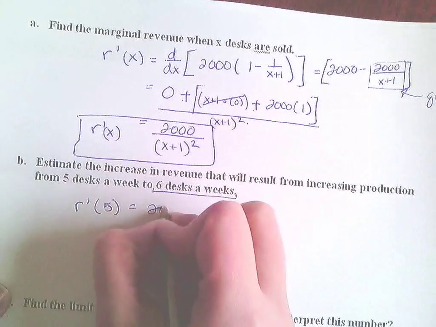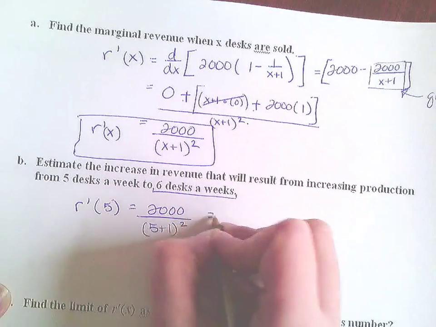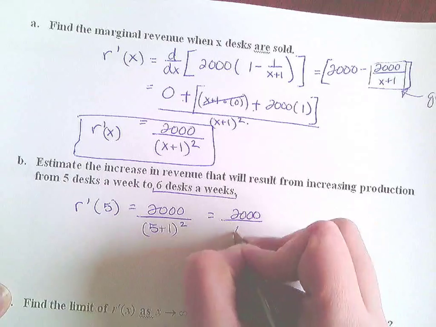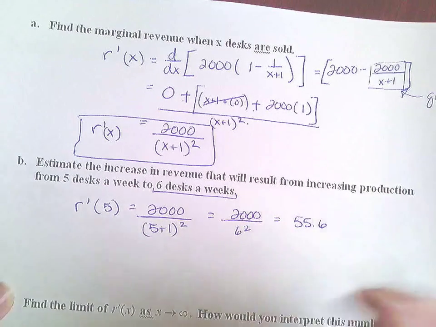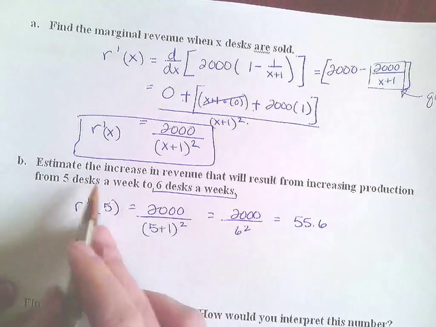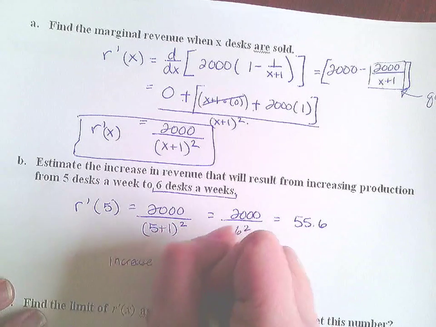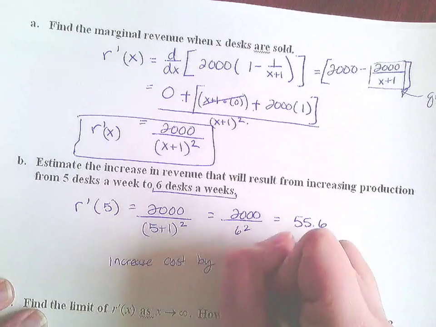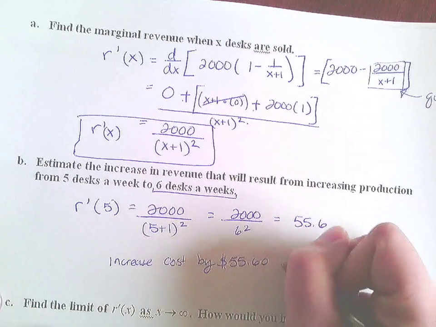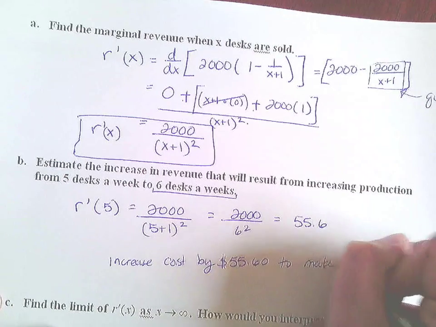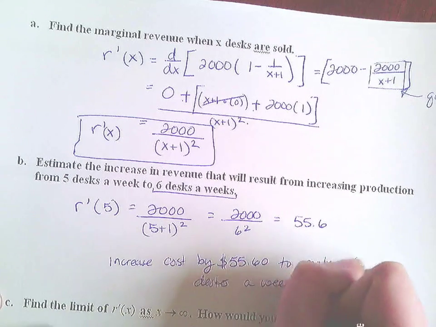So you plug this in. So I would have to increase cost by $55.60 to make 6 desks a week.